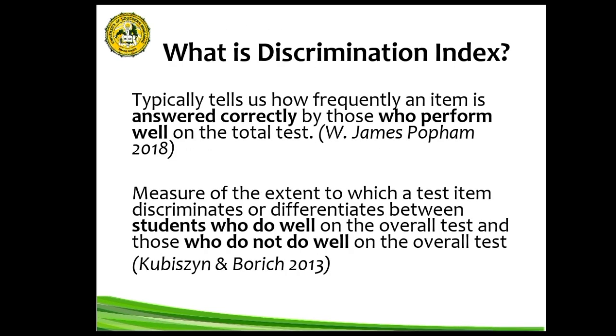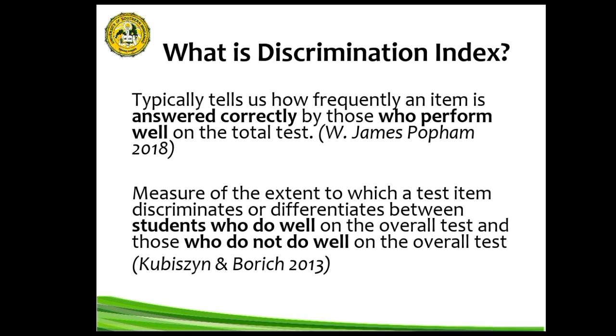So first, let's define what is discrimination index. According to James Popham, it typically tells us how frequently an item is answered correctly by those who perform well on the total test.